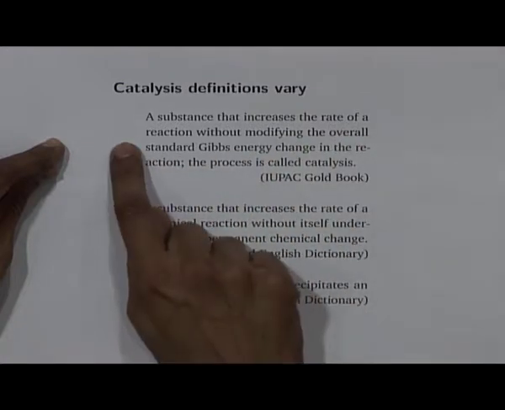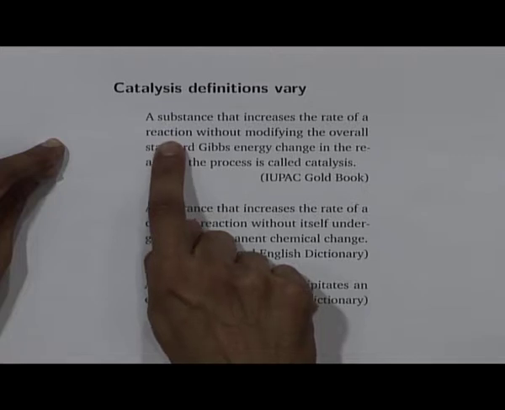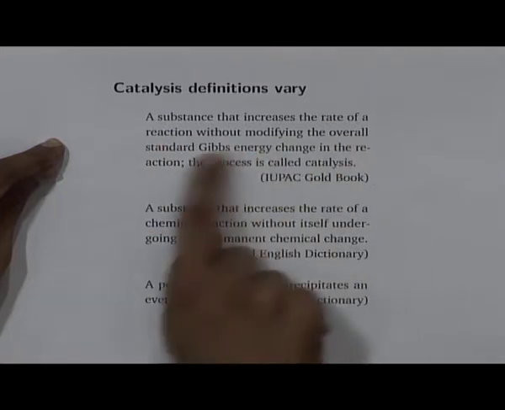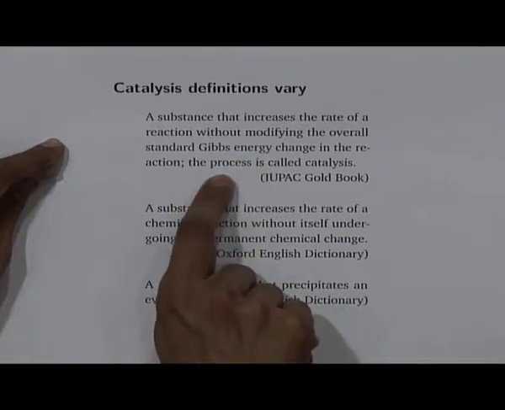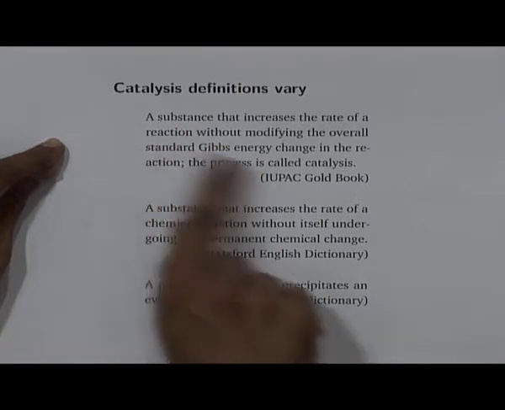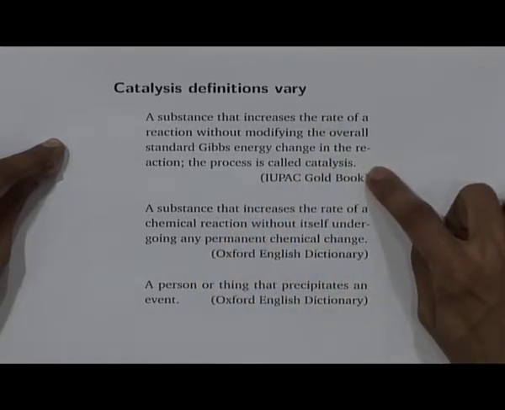So, that is a catalyst that increases the rate of a reaction without modifying the overall standard Gibbs energy change, and the process that this affects is called catalysis. That is the accepted definition according to the IUPAC Gold Book.